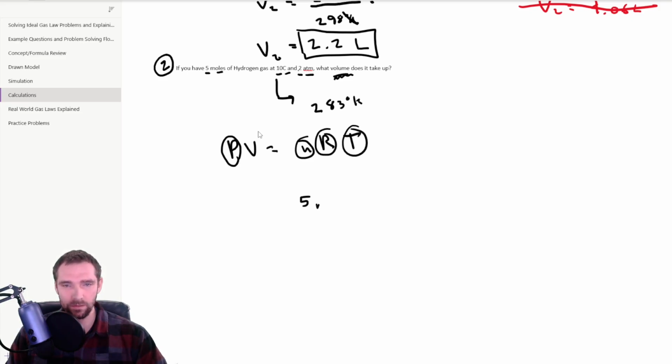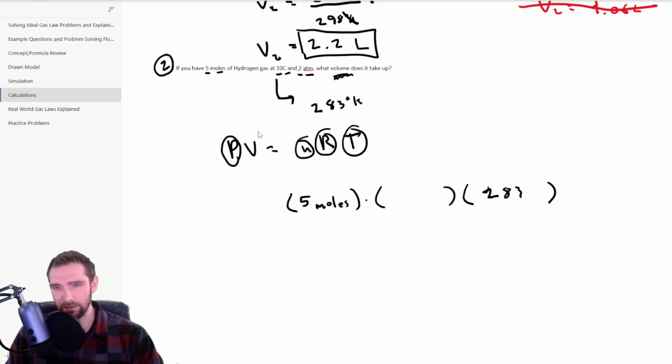We've got our 5 moles multiplied by some R value, and then 283 degrees Kelvin. This is going to be equal to the volume times the pressure, which was 2 atmospheres.